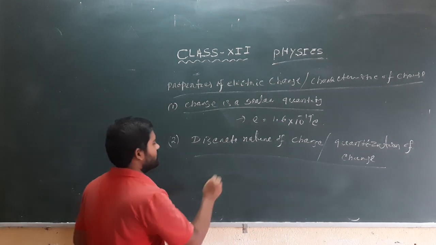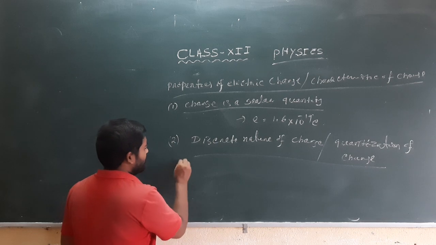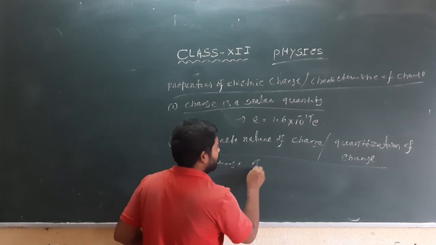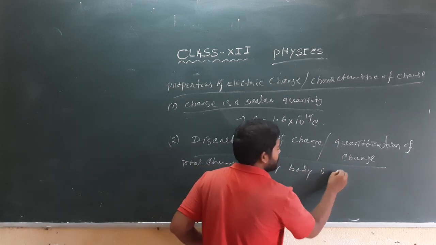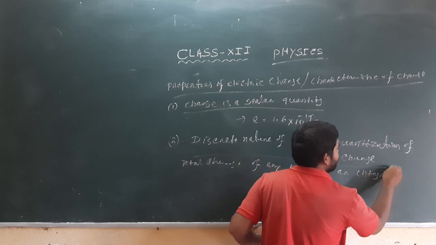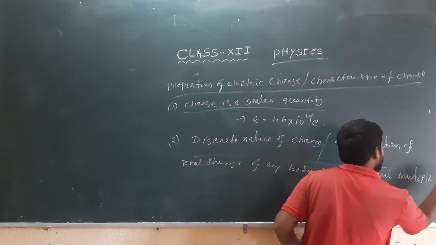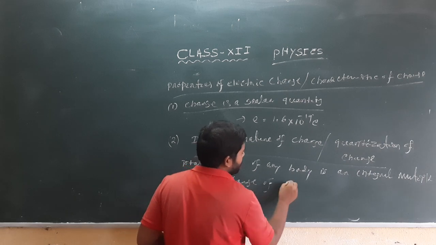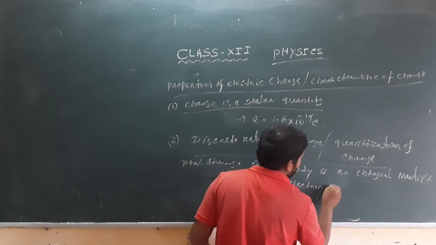That's why quantization of electric charge says that the total charge of any body is an integral multiple of the charge of an electron or proton.